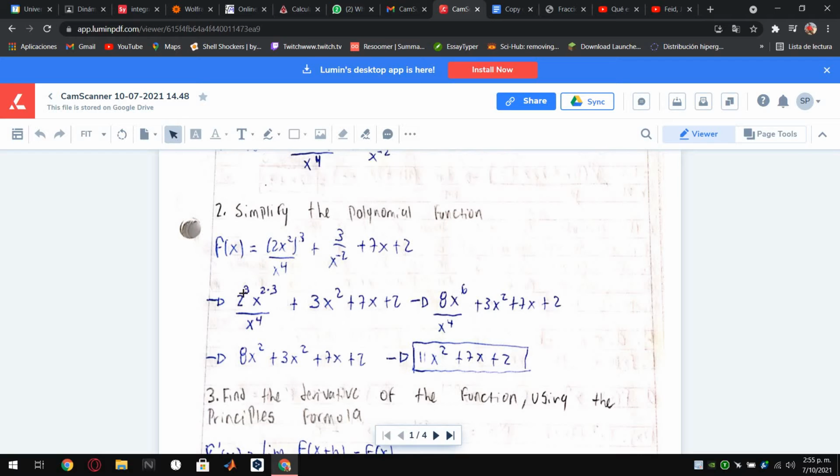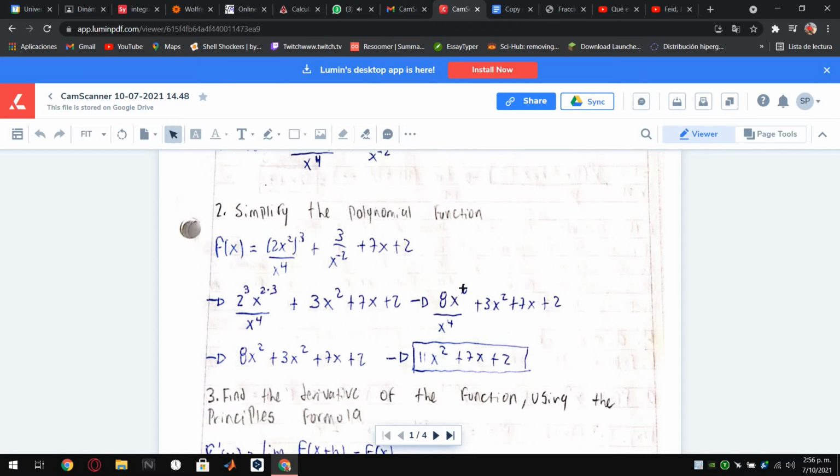So you have to elevate 2 to the power of 3 and multiply the exponents of x. And on the other part of the function, you have to bring this x to the minus 2 onto the top of the fraction with a positive exponent.